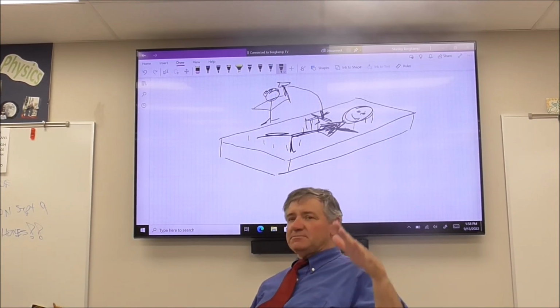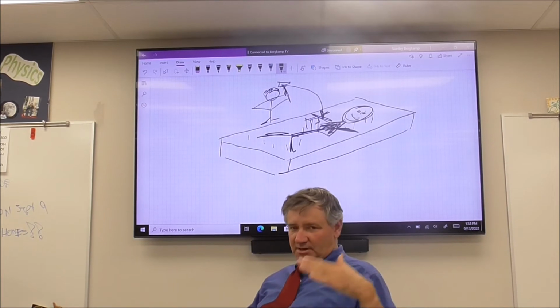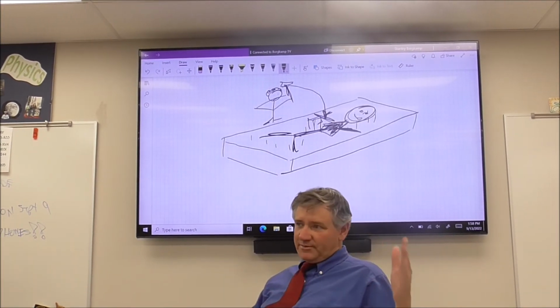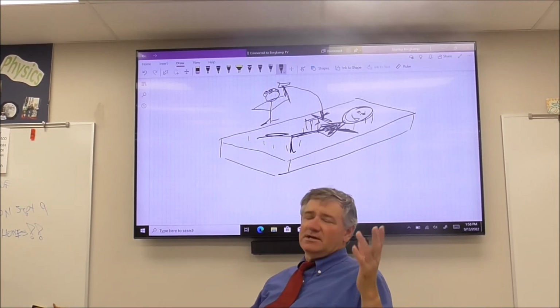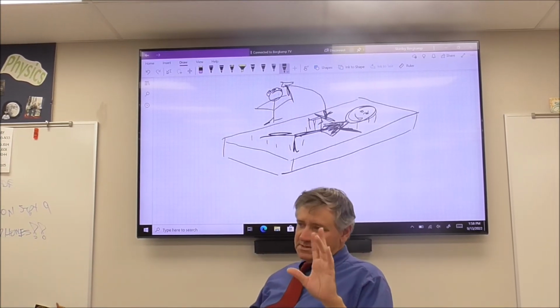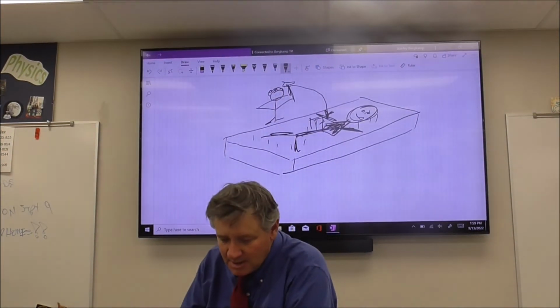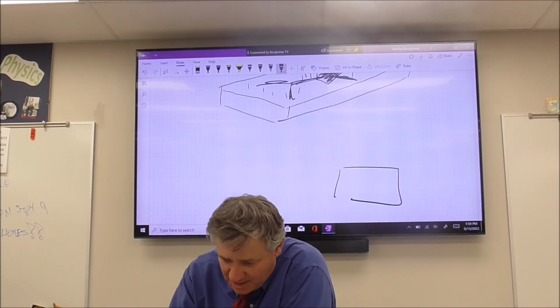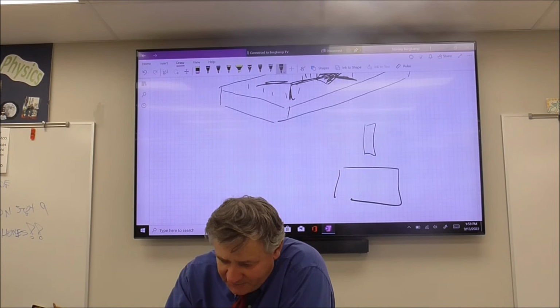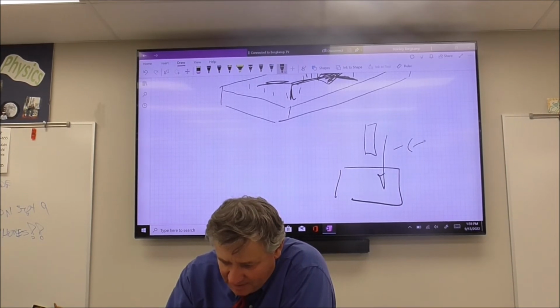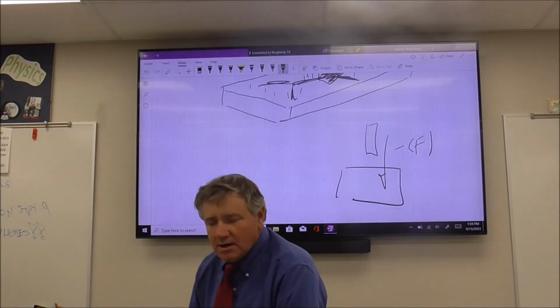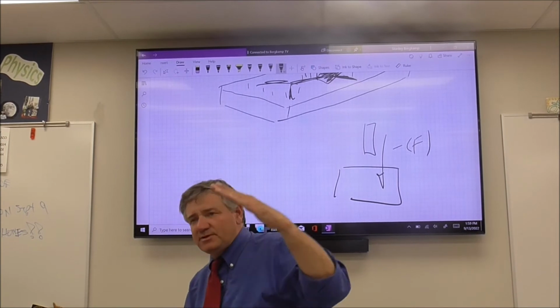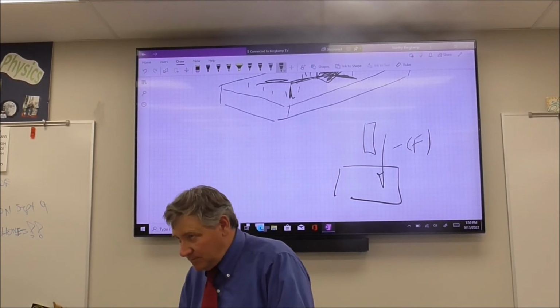Now, let's jump down to the third law. For every action there is a reaction. For every force there is an equal and opposite force. Forces are coupled. If you define down as being a negative value, the sledgehammer is going to exert a negative force on me.